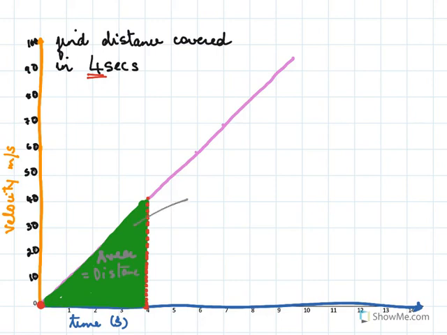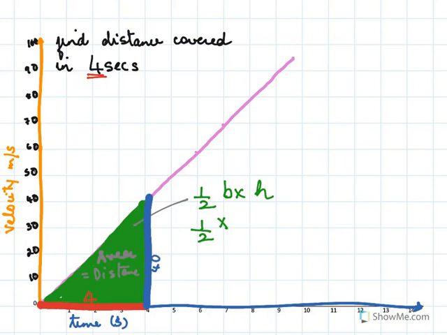Now again, to find this area, it will be half base into height. So half, where is the base? This is the base. Between 0 and 4 seconds is the base. So the base is 4 units. That's the base. And the height here, this is the height. And this height will be 40 units.